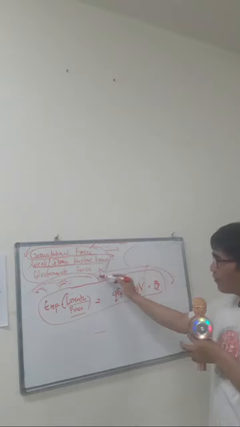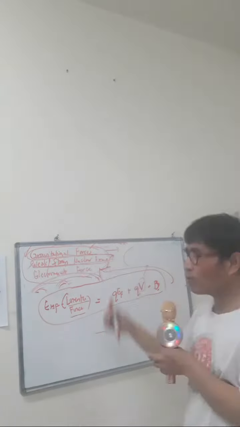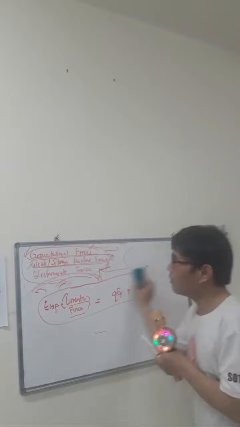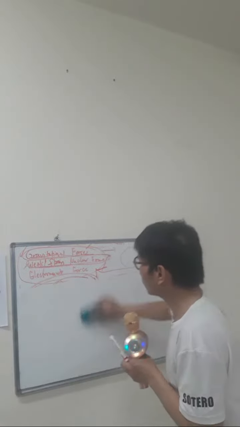This is only a rough overview of the other forces which we don't discuss yet. Now we go to the weak and strong nuclear force. This is the most difficult.